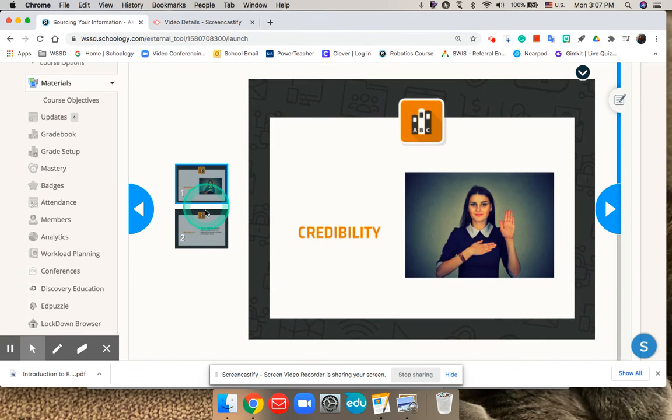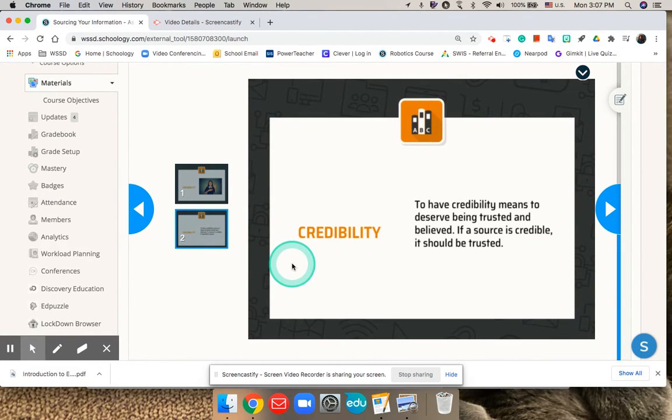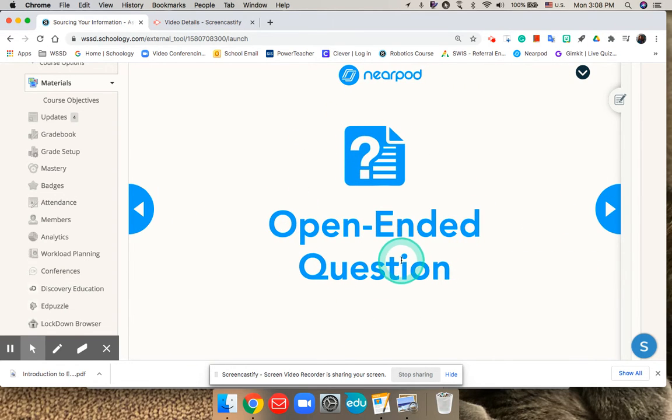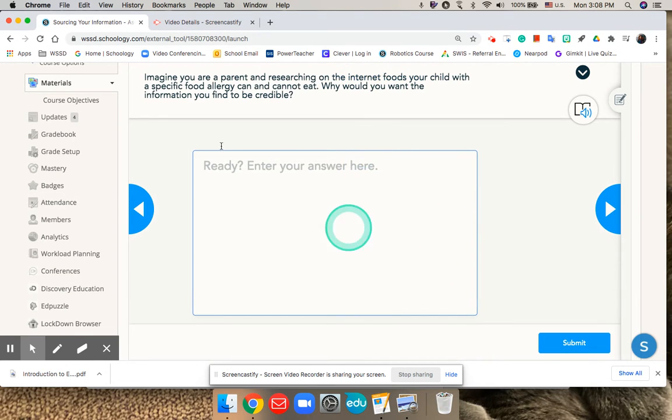So credibility. Credibility, to have credibility, means to deserve being trusted and believed. If a source is credible, it should be trusted. Okay, we've got a question here. Imagine you are a parent and researching on the internet what your child with a specific food allergy can and cannot eat.